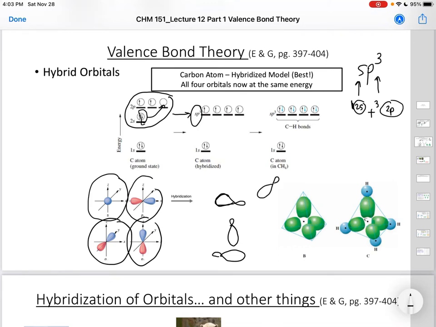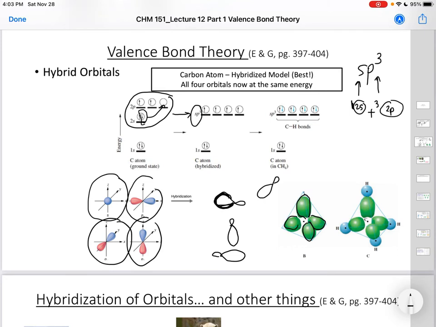So if you have a bunch of these different things, there's a little bit of an s character from the round side, but it does look like a dumbbell with two lobes and a node in the center. And if you put it on the x-axis, it kind of looks something like this, and it matches the tetrahedral orientation of one orbital here, one orbital here, one orbital here, and one orbital here.